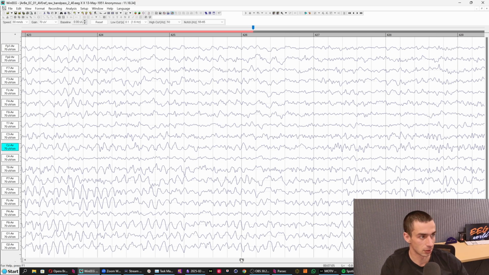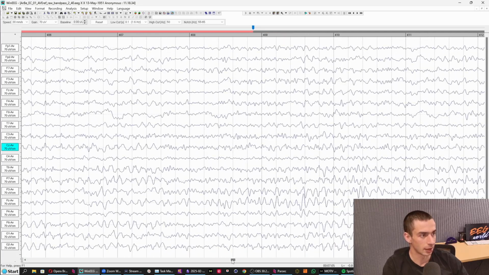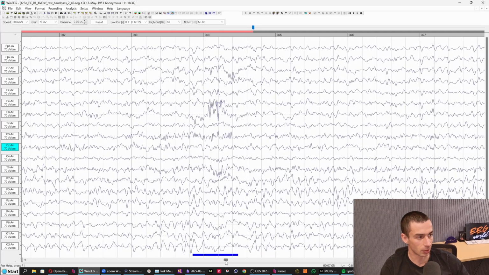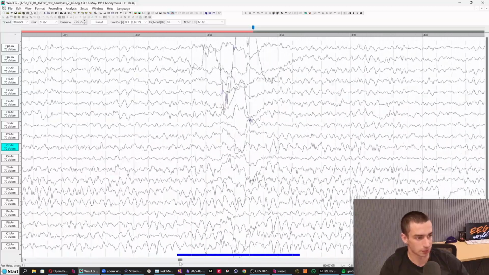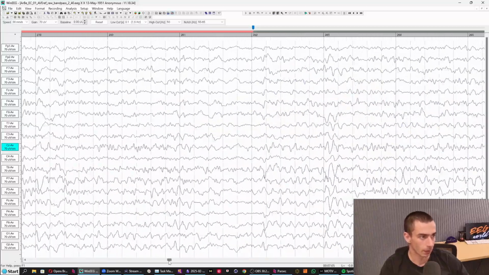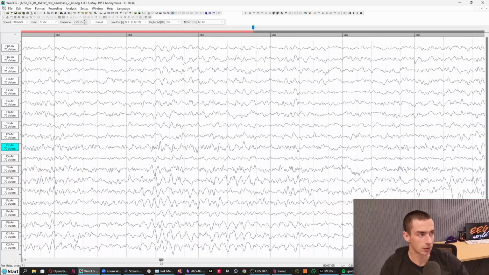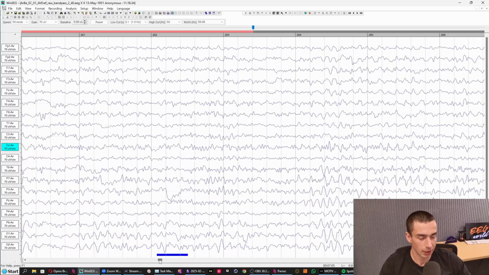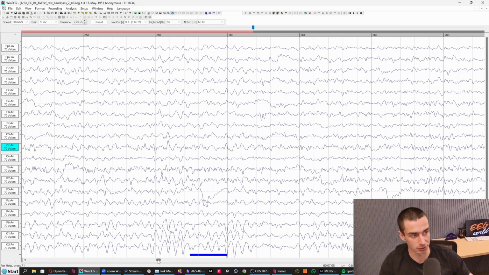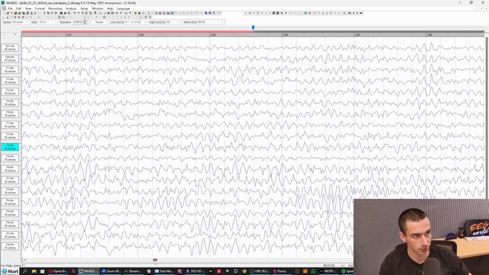And this hyperexcitability, not just frontally in the beta content, but also seemingly in some of the parietal regions as well, may be a sign that there's a dysregulation leaning towards hyperexcitability, hyperarousal symptoms.